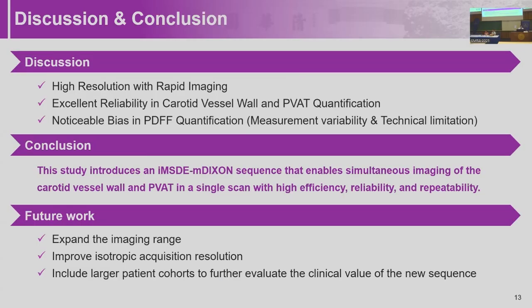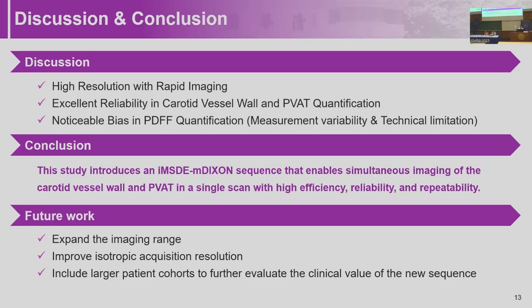In conclusion, the MSD M-Dixon introduced in our study had high resolution with rapid imaging and excellent reliability in carotid vessel and PVAT quantification. The MSD M-Dixon sequence enables simultaneous imaging of carotid vessel and PVAT in a single scan with high efficiency, reliability, and repeatability.